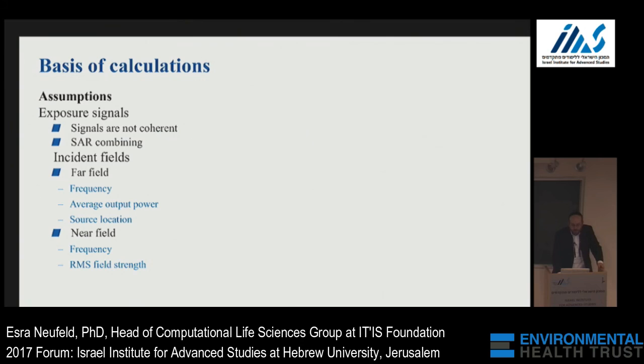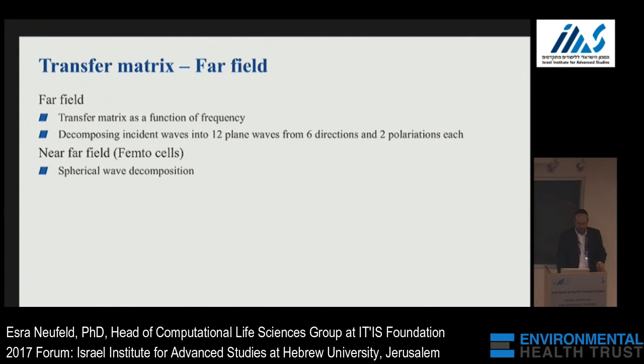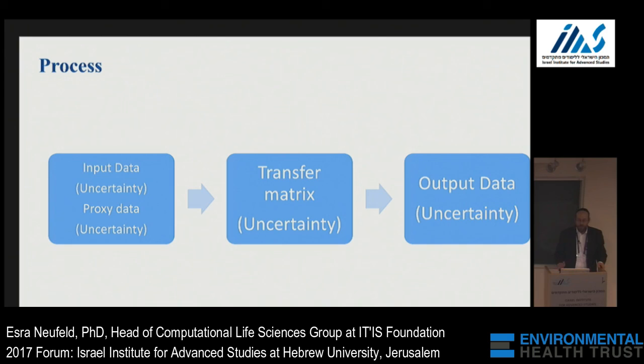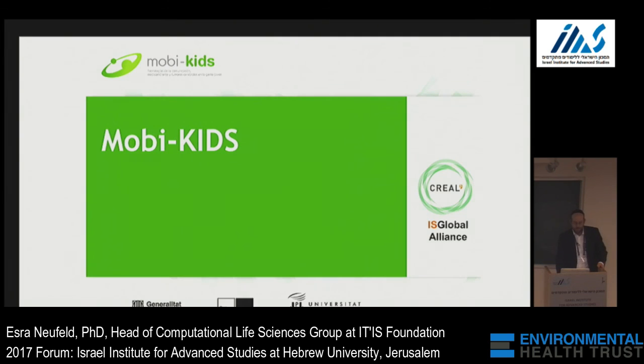And there are a range of assumptions that go into the way you combine it, and that's not necessarily true in all forms of exposure, but I don't have time to go into that anymore. What is important is that you have an accumulation of uncertainty. You have uncertainty about what the type of exposure is, then uncertainty about what this elicits as energy deposition or as fields in the body, and then uncertainty about what that induces. So this increasingly sums up.